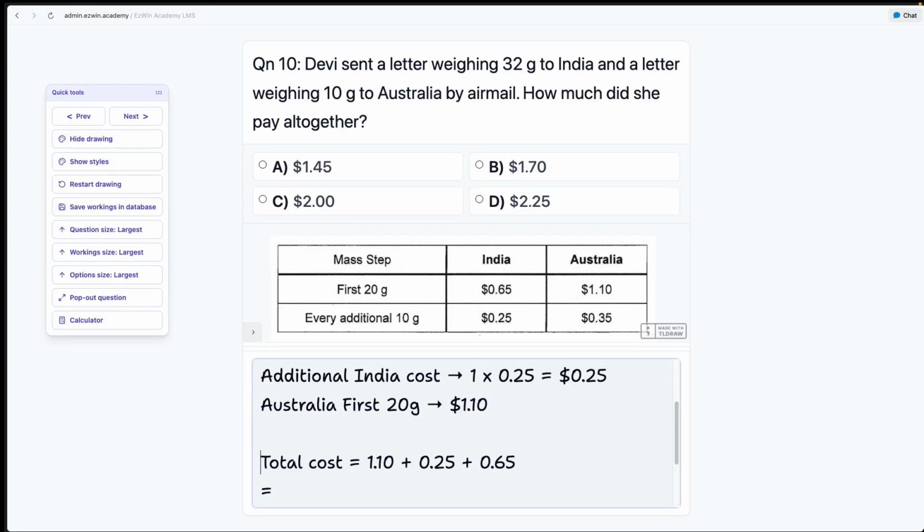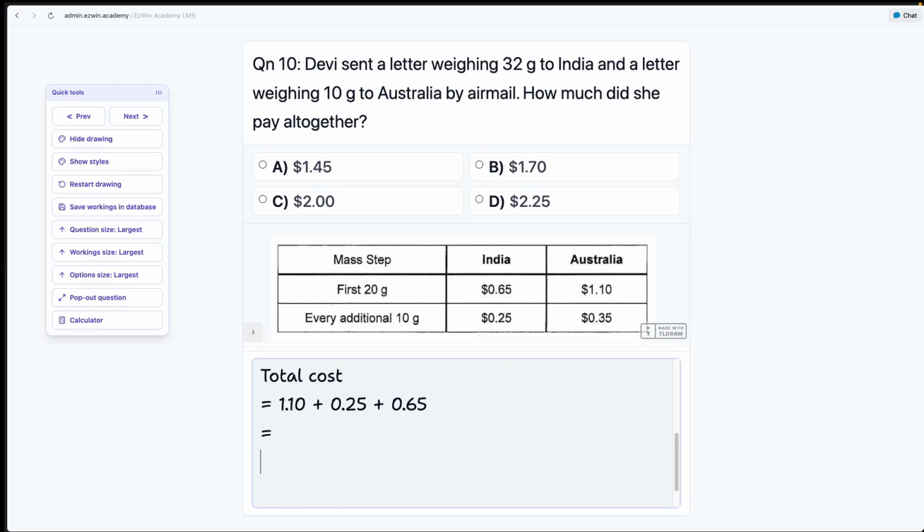Usually what I like to do is break down my workings so that it's easier to check whether I'm correct. So 25 plus 65 is actually 0.90. And if you were to add $1.10 plus 90 cents, it will then become $2.00. So the answer to this question is option number 3 or C in this case over here.